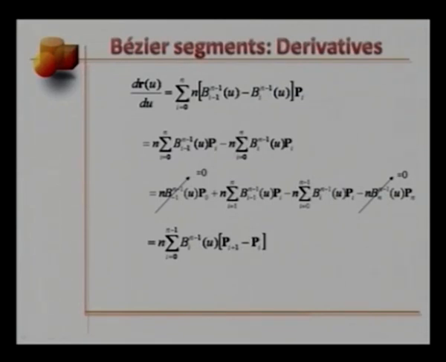What do we see? If you try to compare this expression with an nth degree Bezier segment, we observe that this is very similar to that. The only difference is there we had the position vectors of the design points, but here we have free vectors.